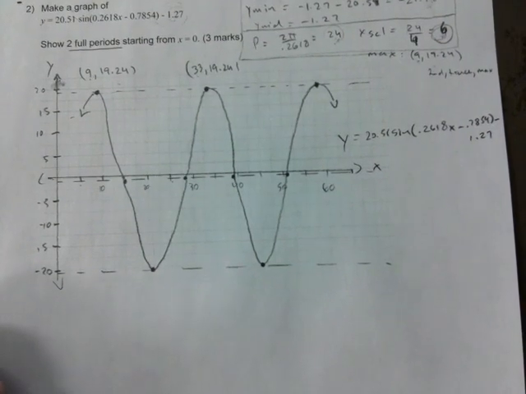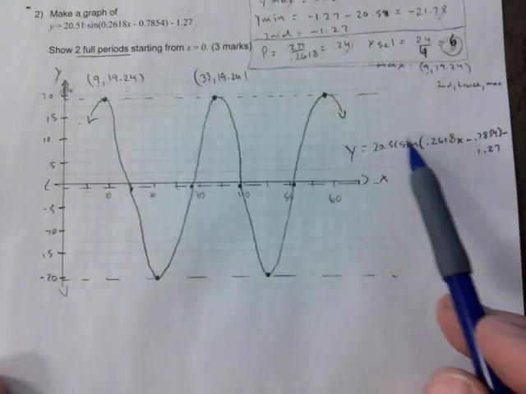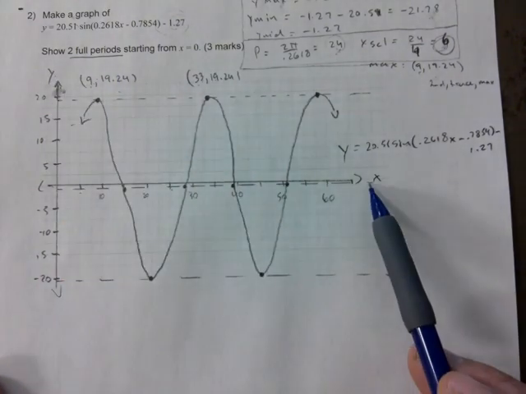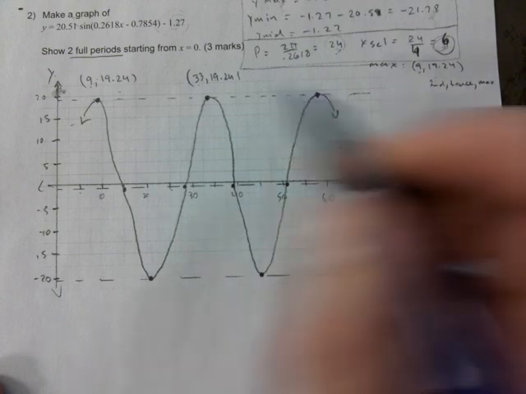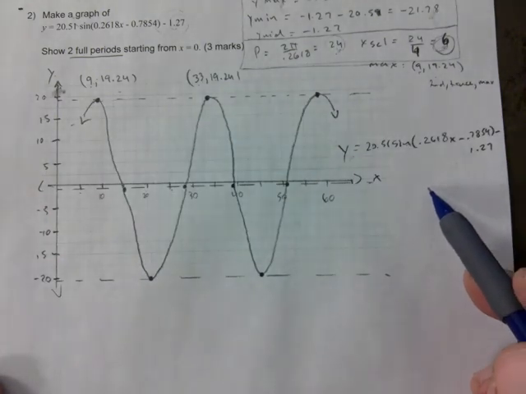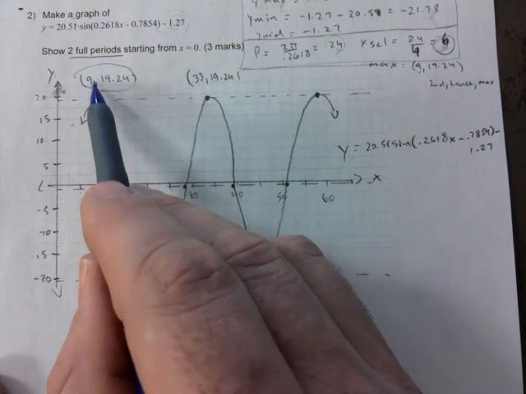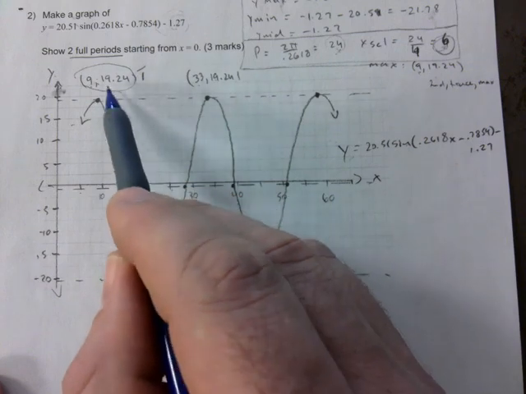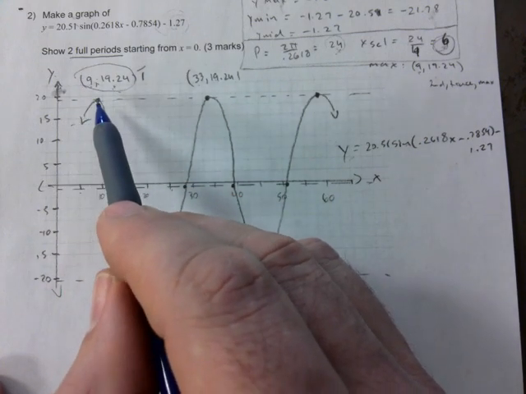So how are we going to label? How are we going to mark this? I would say if you have all the labels on there, or let's say if you're missing the x, the y, or the equation, let's do half a mark deduction if you miss any of those today. If you have this point on there, I would give you 1 mark to start. Like if that point is plotted in the correct space, you're good to go.